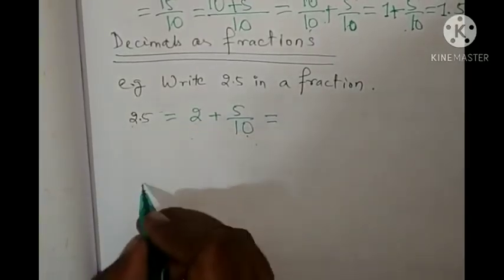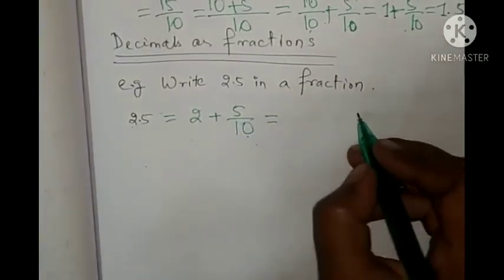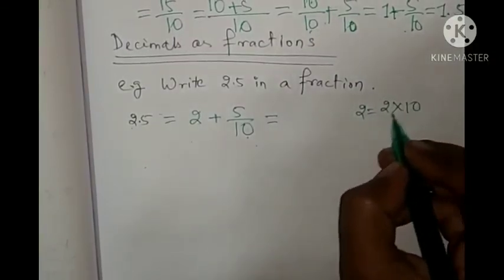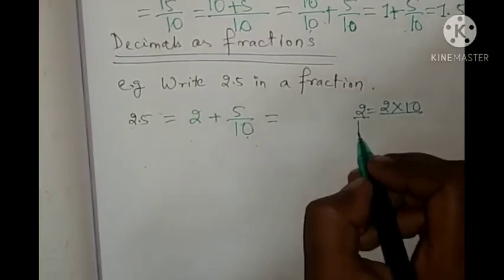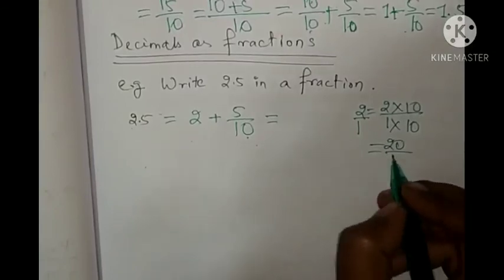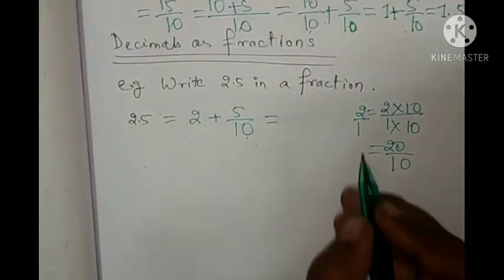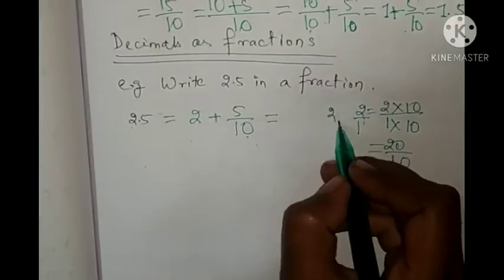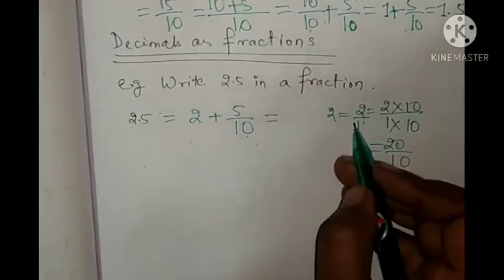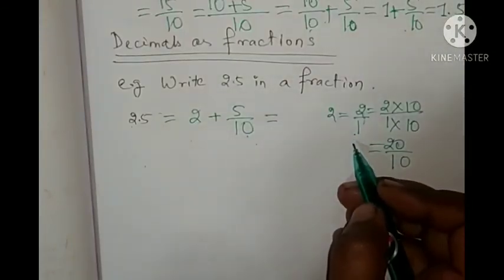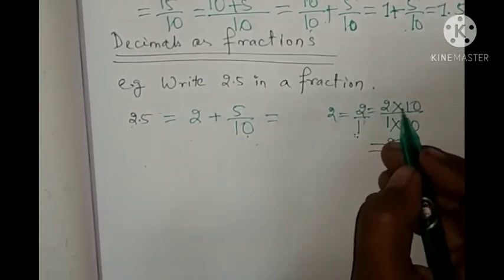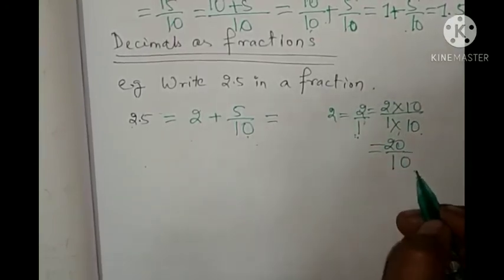So here you can convert the 2 as an equivalent fraction. So 2 equal to 2 by 1, then 2 into 10 by 1 into 10. So what do you find? 20 by 10. Okay. So 2 means what? 2 by 1. If we write a whole number in fraction form, you can put 1 as the denominator. So 2 by 1 equal to 2 into 10 by 1 into 10, 20 by 10.